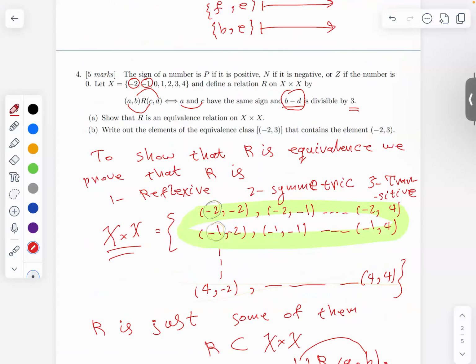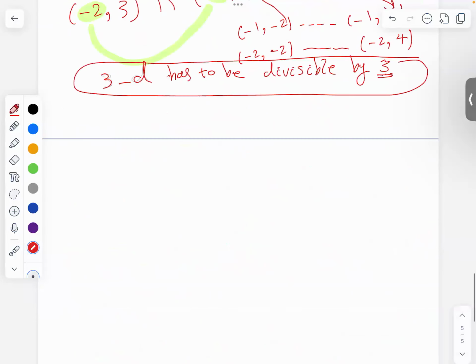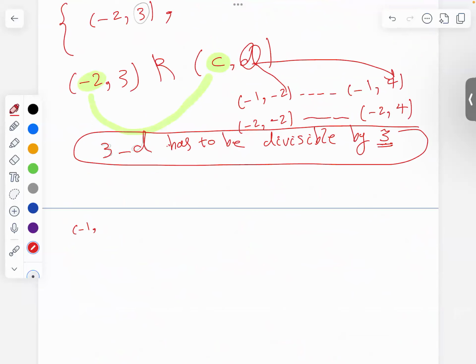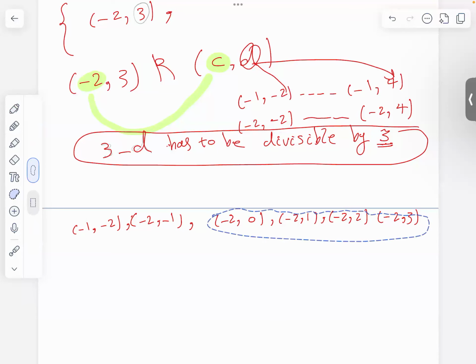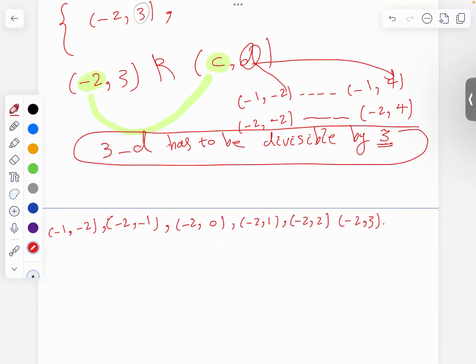The best way to see this is to write everything out: (-1, -2), (-1, 0), (-1, 1), up to 3 and 4.